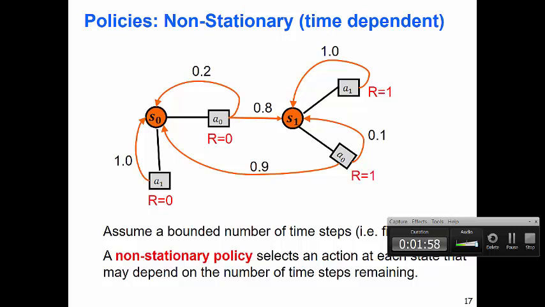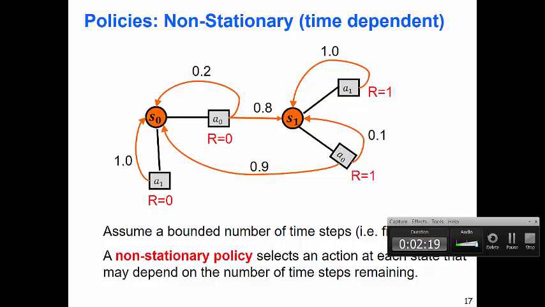And there were two types of policies. One type of policy was a non-stationary policy, which basically, for every time to go, so when we're dealing with non-stationary policies, we're typically going to be in a finite horizon setting.